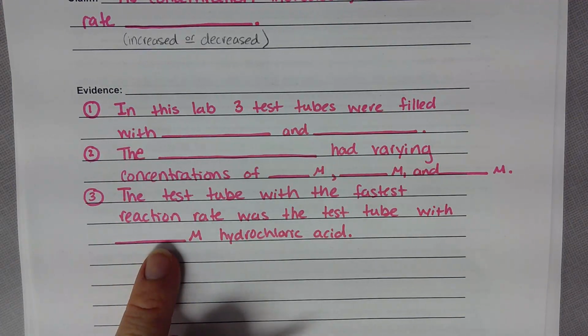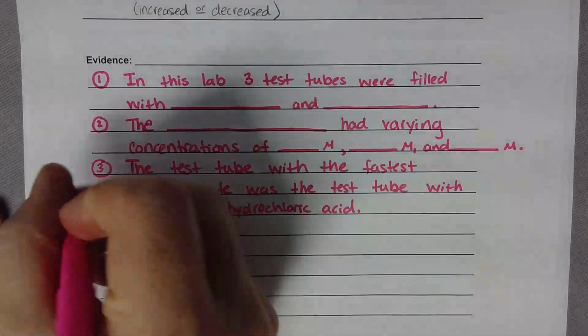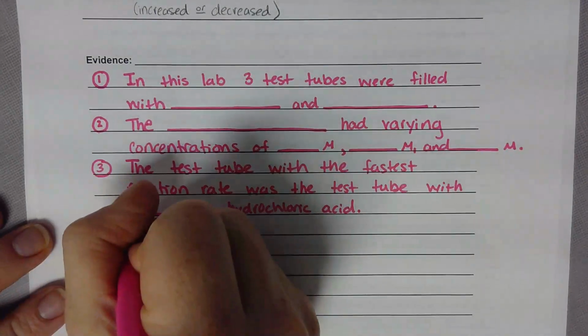What was the test tube that had the fastest reaction rate? What was the number value for the molarity of that hydrochloric acid? And then state how you know this was the faster reaction rate.